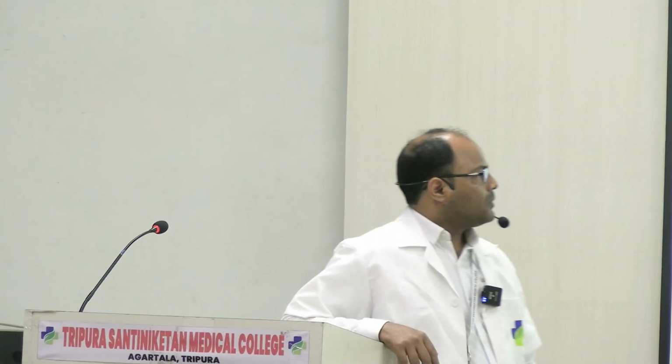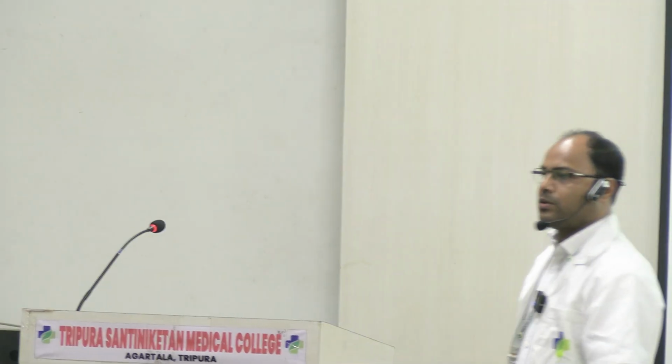So as you know, diabetes is one of the leading causes of morbidity and mortality. So nowadays we are using these more. You will read in pharmacology classes later in second MBBS.